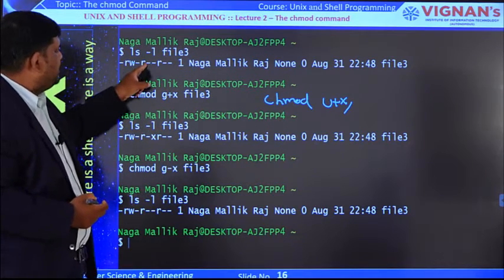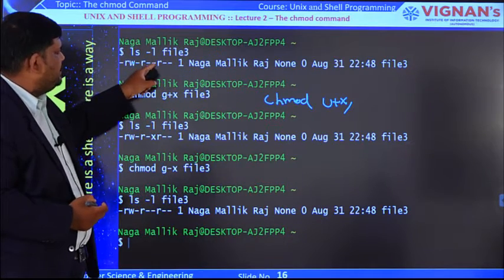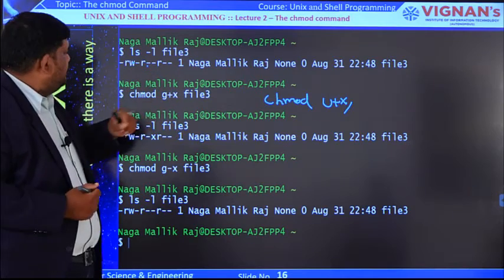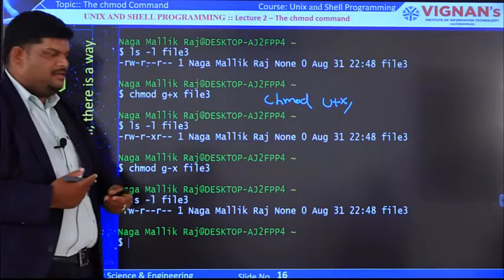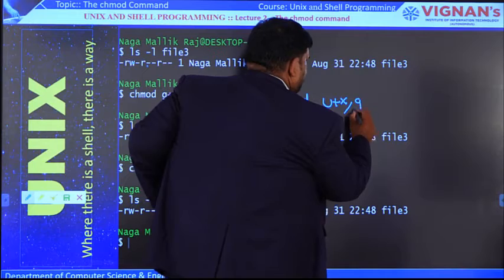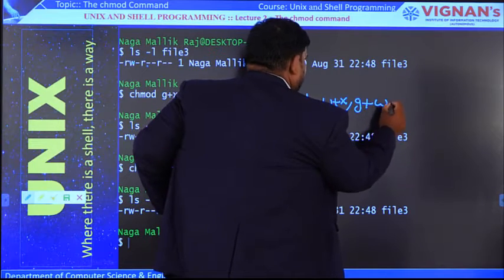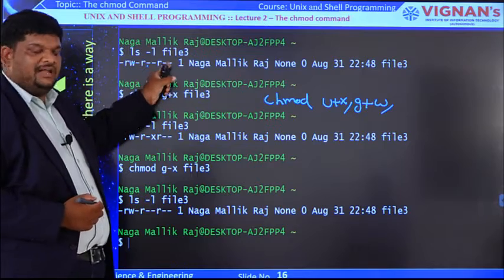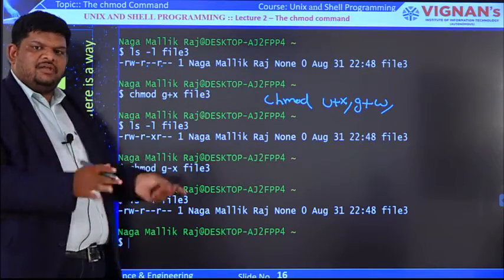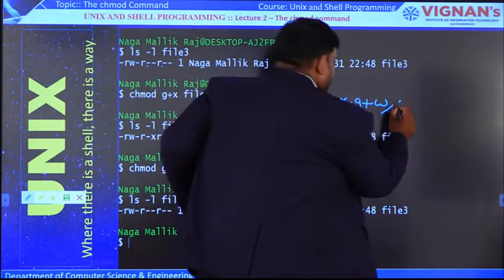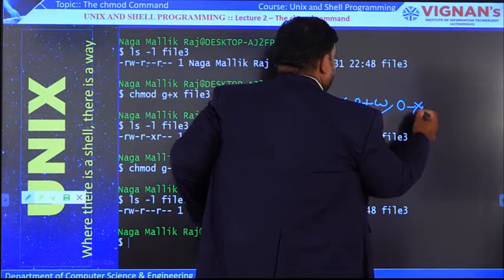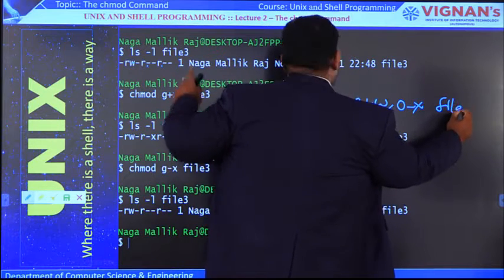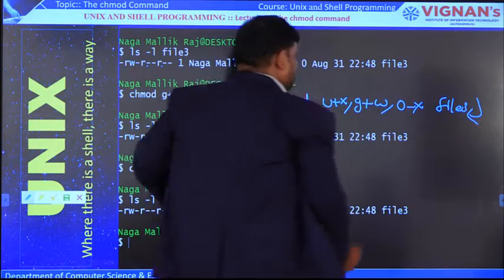Next, for group, read is there but no write and execute. I want to add only write permission. For others I want to remove the read permission. On which file? Assume file 3, enter.